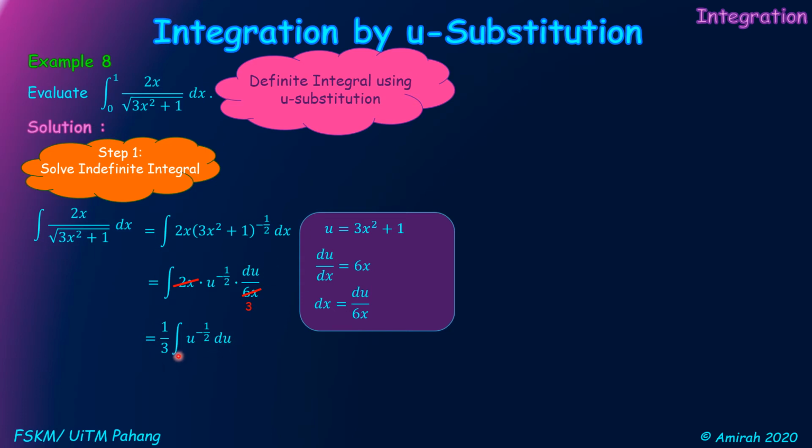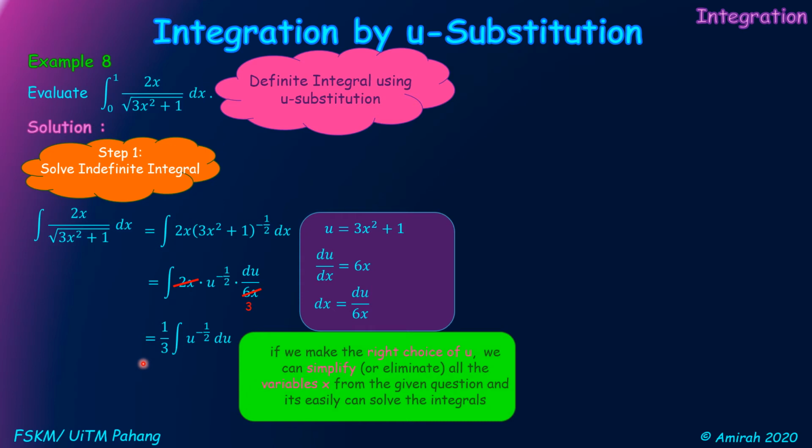From here, we get terms containing u and du, no more variable x, so we can integrate with respect to u. If we make the right choice of u, we can simplify or eliminate all the variable x from the given question, and it can easily be solved.